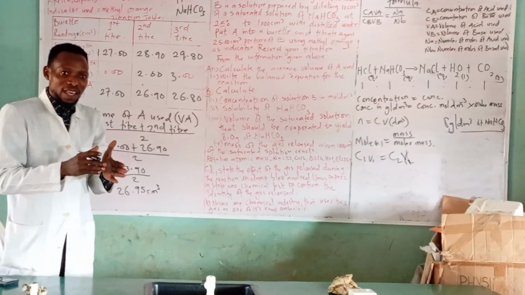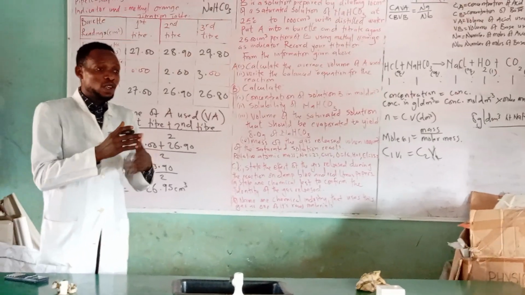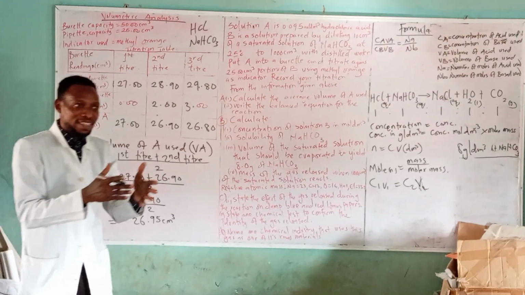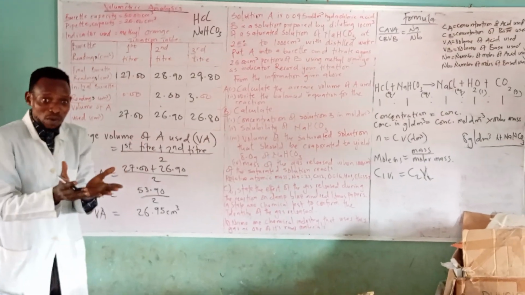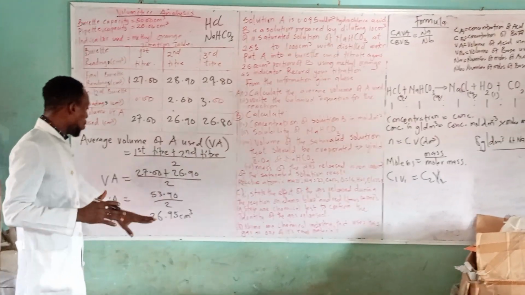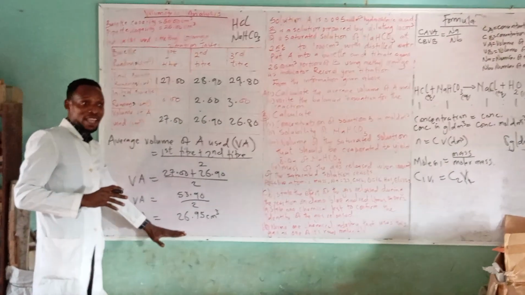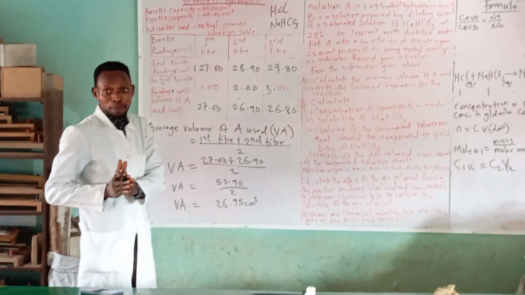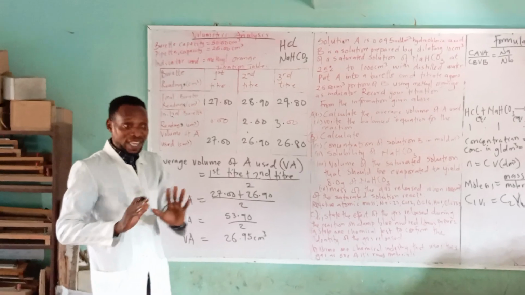So you have to work in cooperation with your teachers. Let your teacher tell you, this is the titer value, this is correct, and this is wrong. So for you to pass your acid-base titration practical, you need to cooperate with your chemistry teacher in your school. So that is very important.